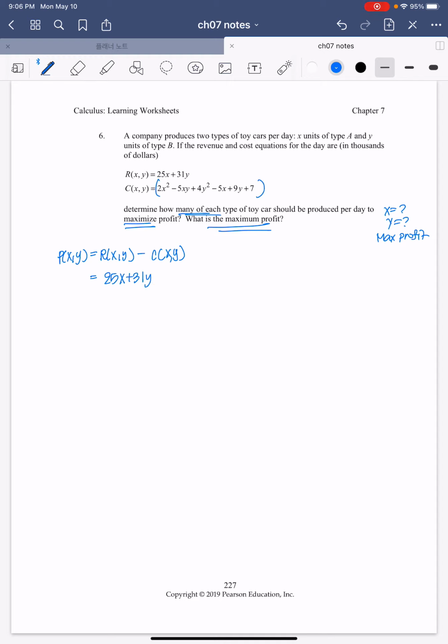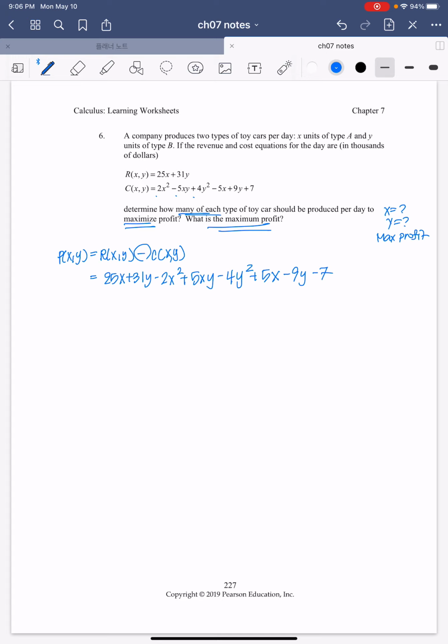I'm going to distribute this negative into all this, because we are subtracting, so it will end up being, so we save time writing the numbers, negative 2x squared plus 5xy minus 4y squared minus, so negative, positive, minus 9y minus 7, because all the negative is distributed.